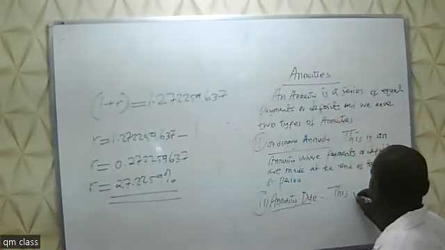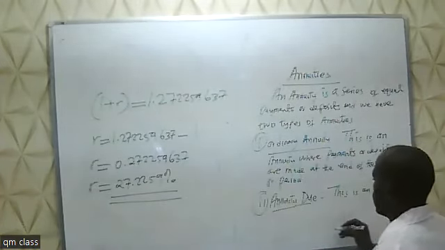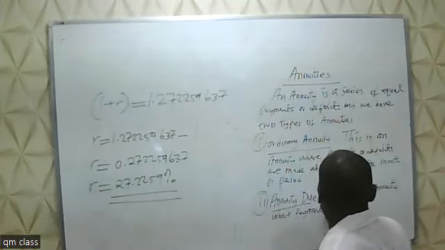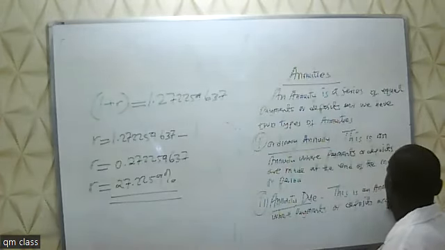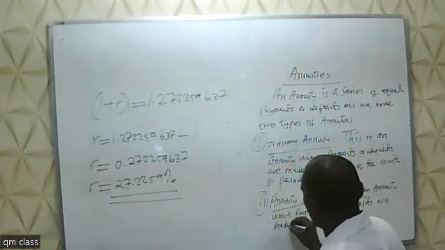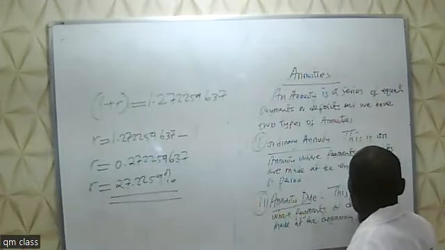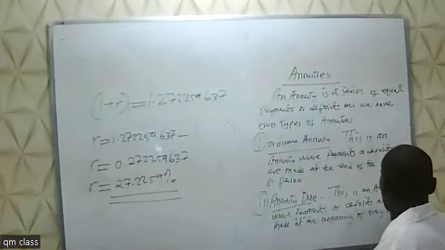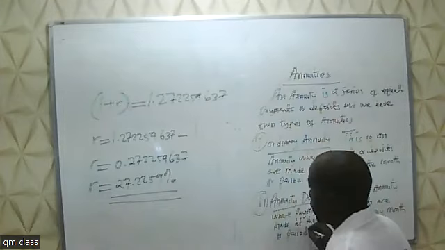So this is an annuity where payments or deposits are made at the beginning of every month or period.